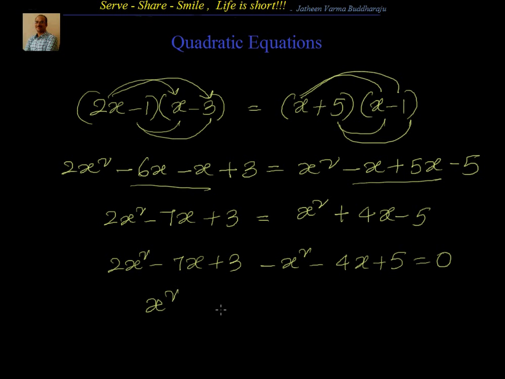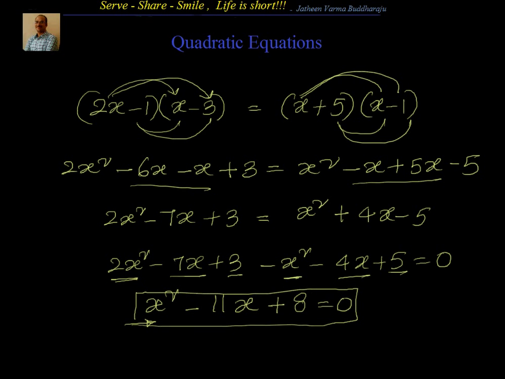This is nothing but x square, minus 7x minus 4x is minus 11x, plus 3 plus 5 is plus 8. So we have x square minus 11x plus 8 equal to 0.